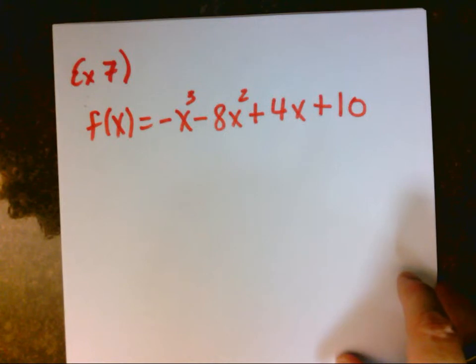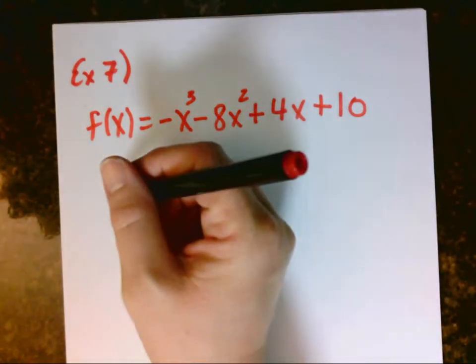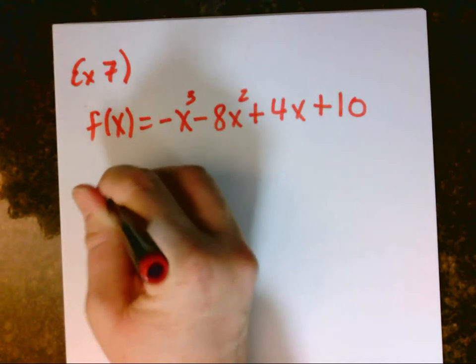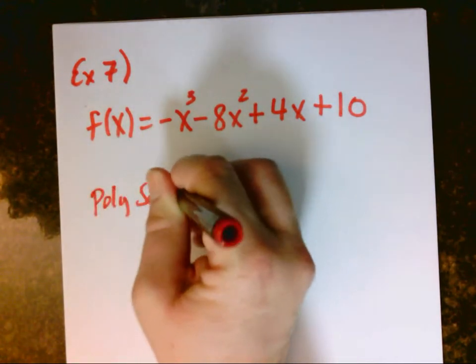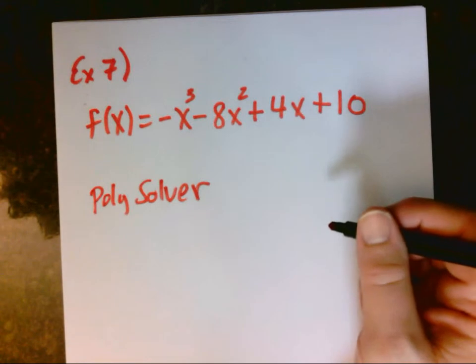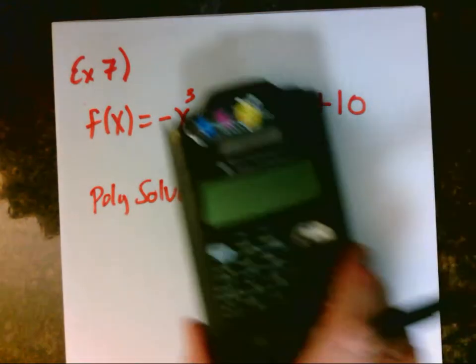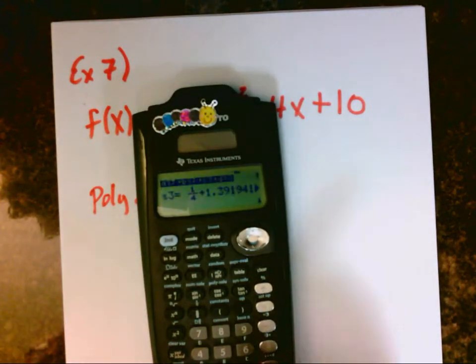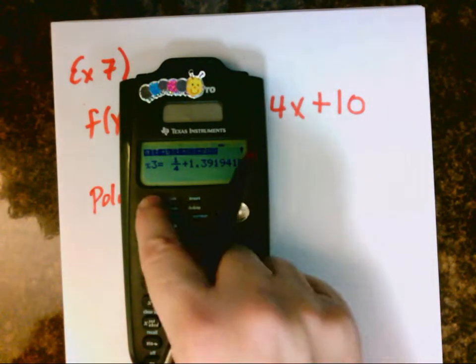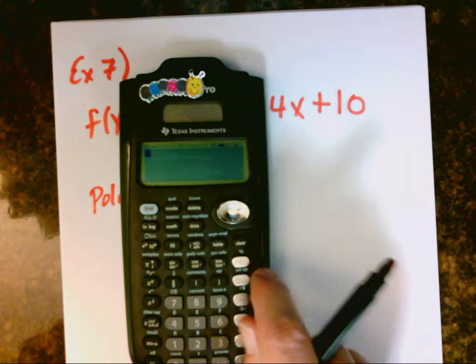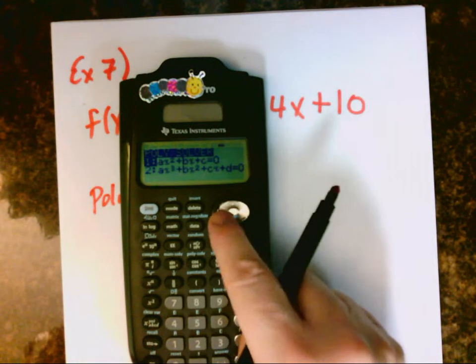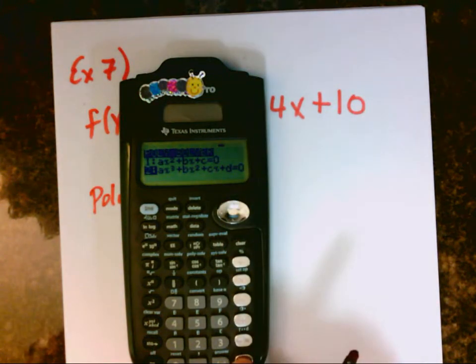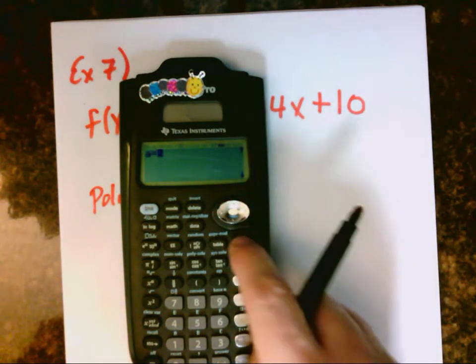Now, I guess I did more than approximation here. I actually just used the polysolver. Let's look at that first. And when you do the polysolver on this, this is a third degree equation. Get into the polysolver, go down to the third degree equation, select that, clear this out.